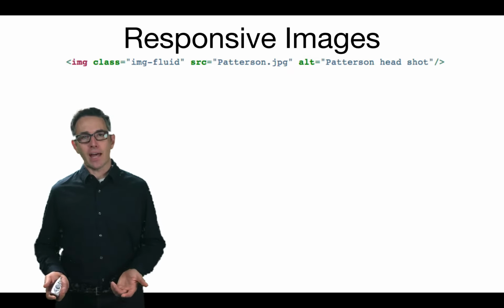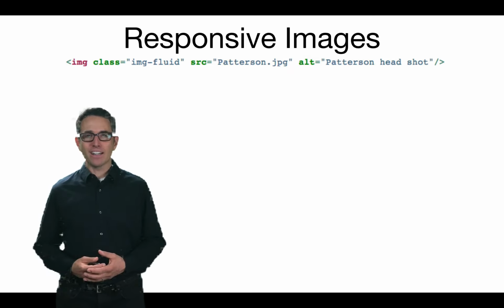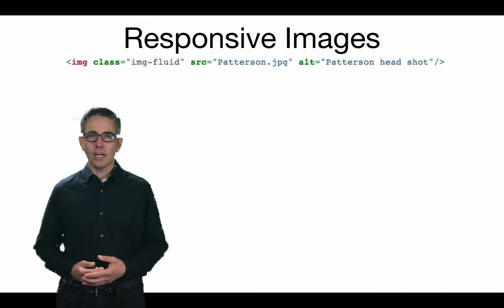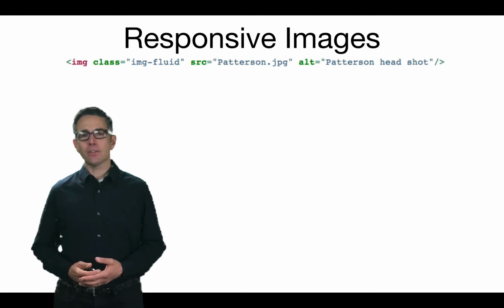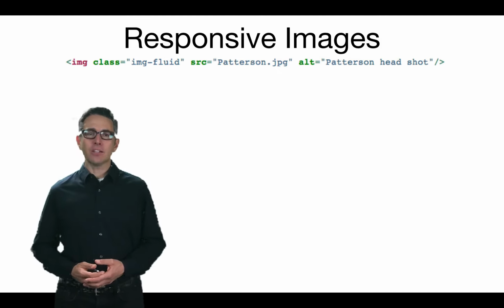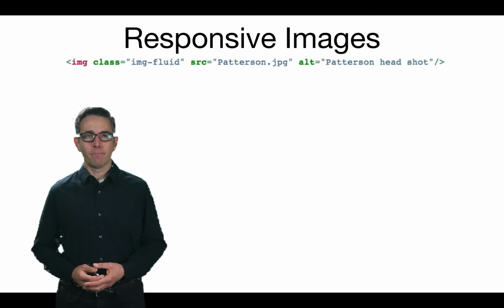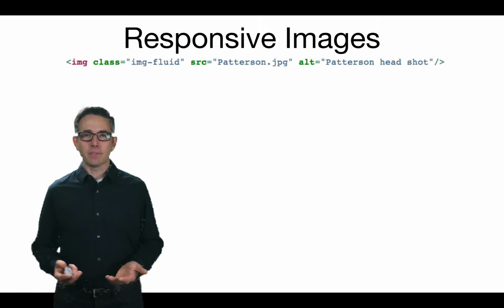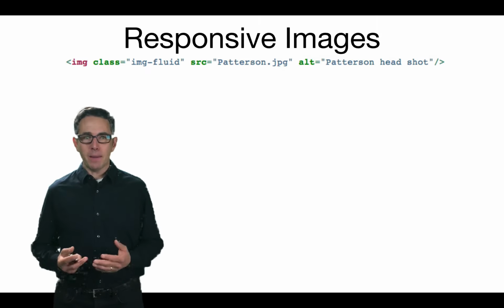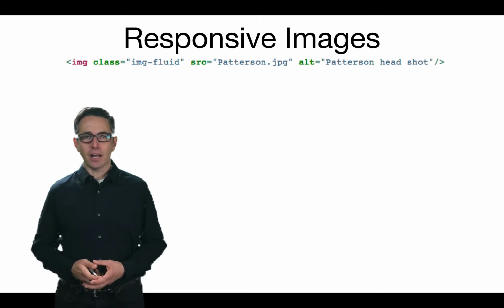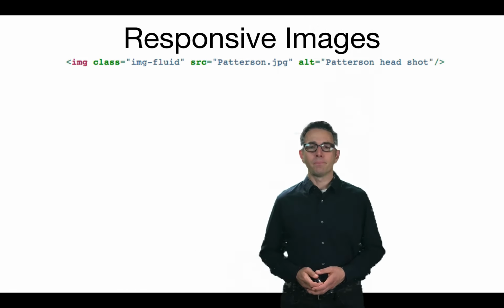Bootstrap defines this class. And when we add this class to our image, it tells Bootstrap that as our screen size changes, please change the size of our image so that it fits within the column. So now we're going to have columns that are changing sizes, and based on how much space is available to that column, Bootstrap will change the image to fit within that column.